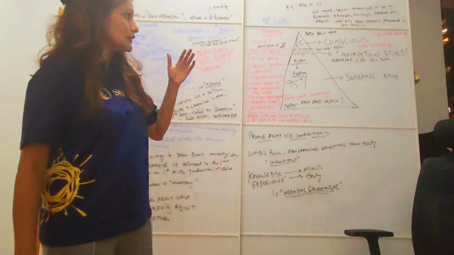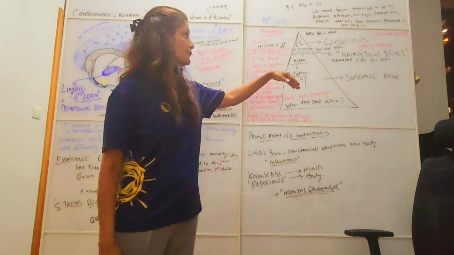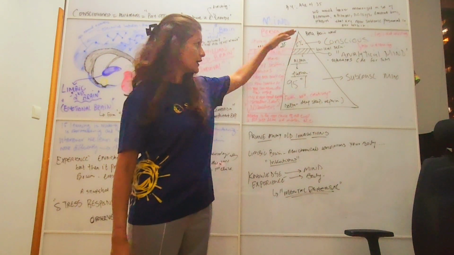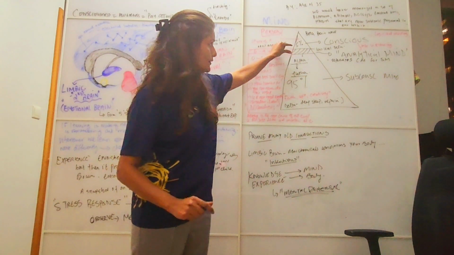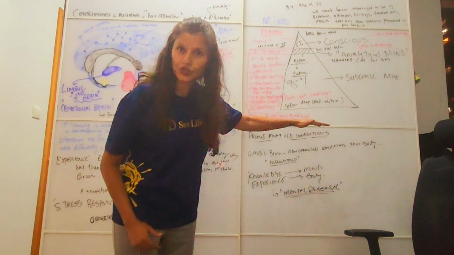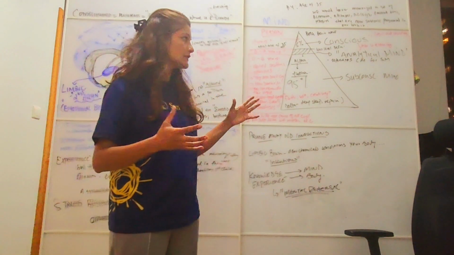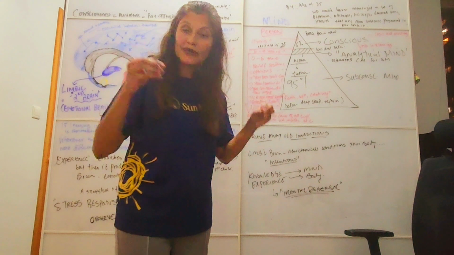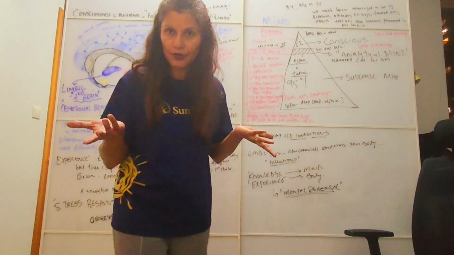All right, so let me first talk about the aspects of the mind as well. So we've got our conscious mind, okay, we've got our analytical mind, which is like a small strip here, right? And then we've got our subconscious mind. Okay, so what are the subconscious minds? So the subconscious minds are basically what we talked about earlier, belief systems that have been programmed inside of us that we're not even consciously aware of.